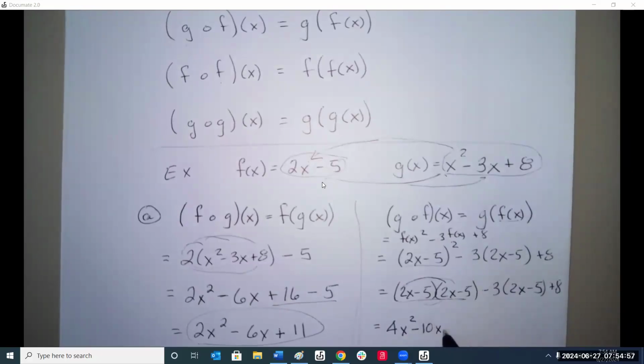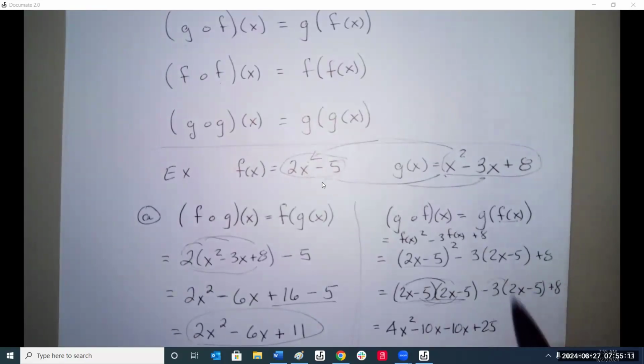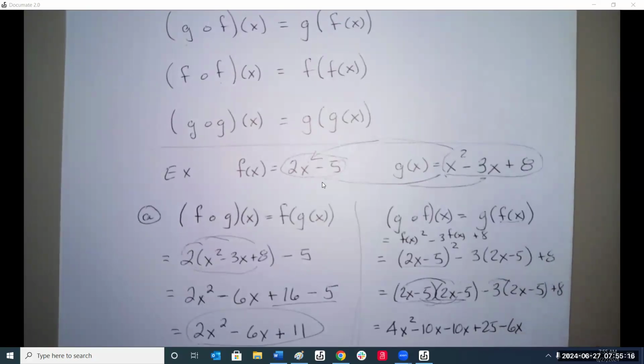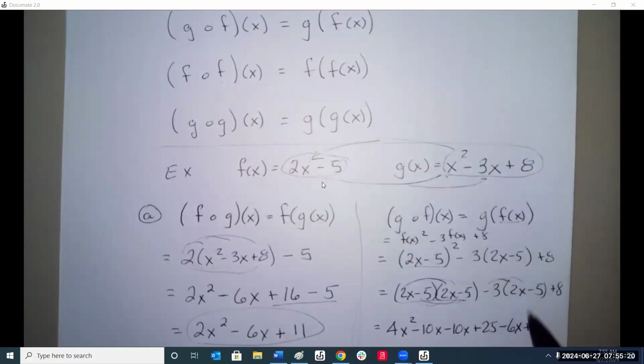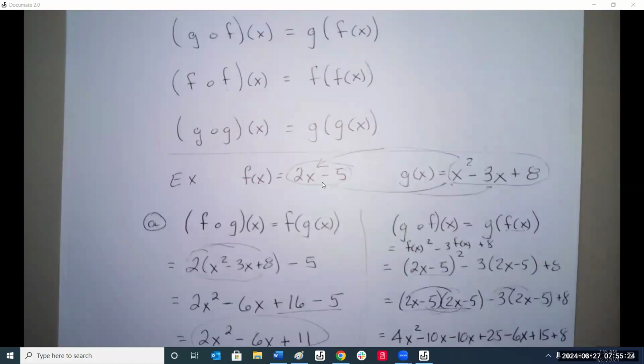Negative times positive is negative. 5 times 2 is 10x. Negative times negative is a positive. 5 times 5 is 25. That's all for that one. Now for this one. Negative times positive is negative. 3 times 2 is 6x. Negative negative is a positive. 3 times 5 is 15 plus 8.